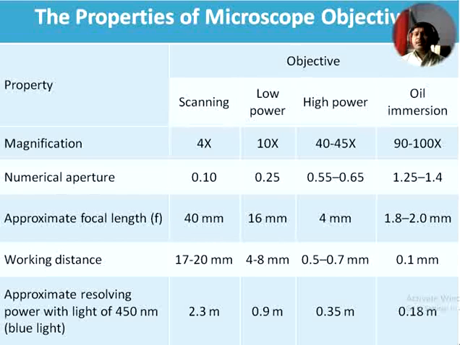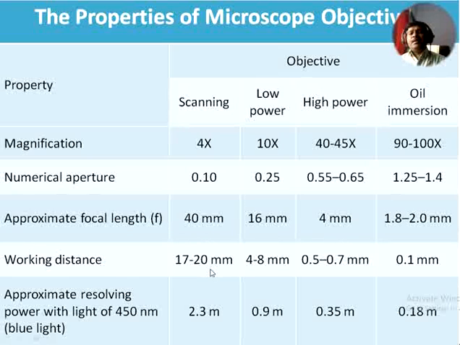What is that distance called? That distance is called the working distance. So in case of scanning objective, it is 70 to 20 millimeter.